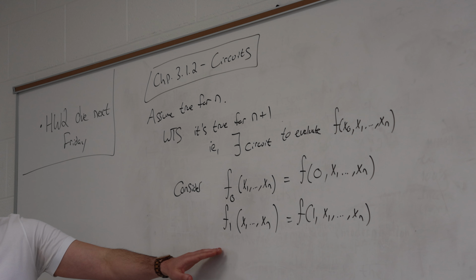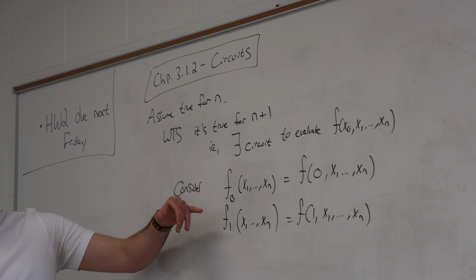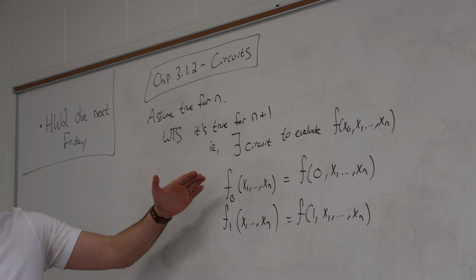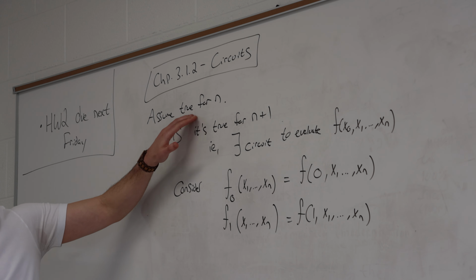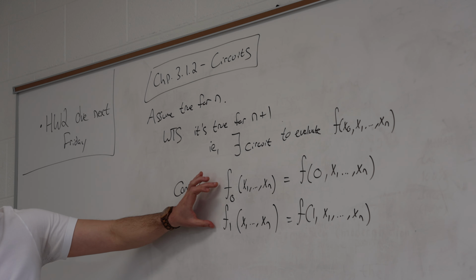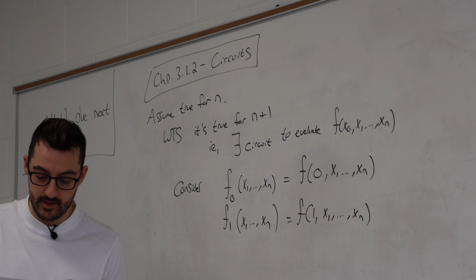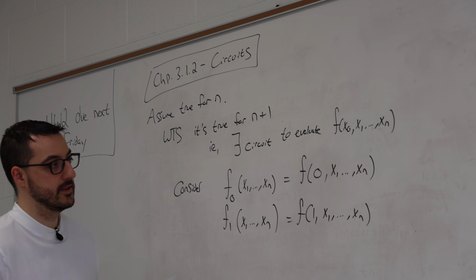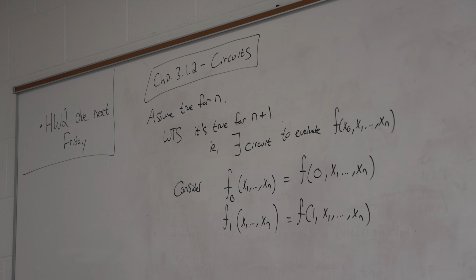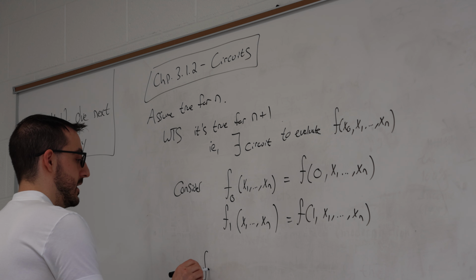So you agree that these are n-bit functions, and therefore there exists a circuit by our hypothesis that will evaluate that. So we've assumed it true for n, meaning that we've assumed that there exist circuits to evaluate these n-bit functions. Now here's the both very clever, and then once you see what it's doing, very obvious thing. We're going to be able to expand this function f that we care about.